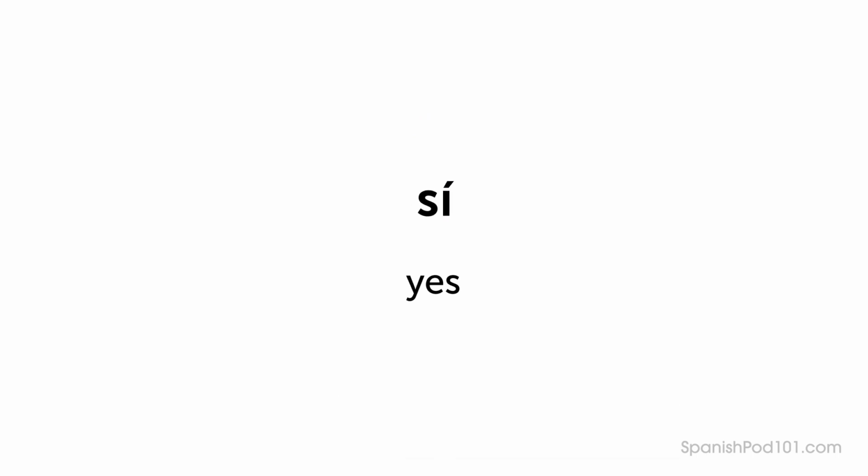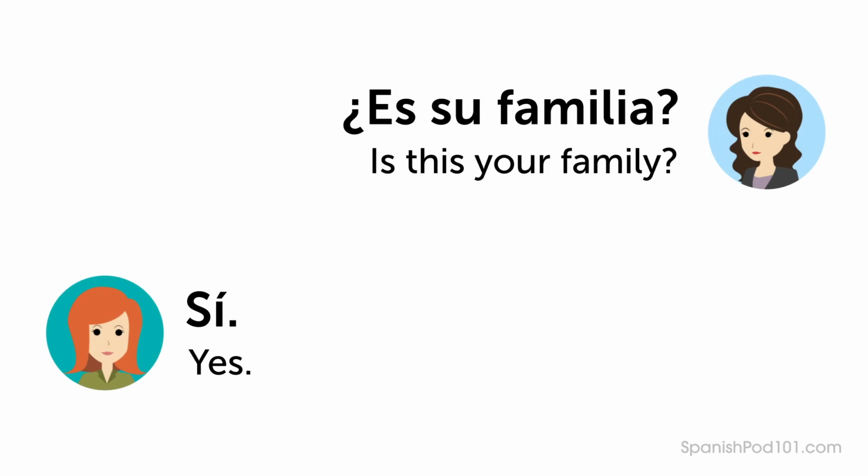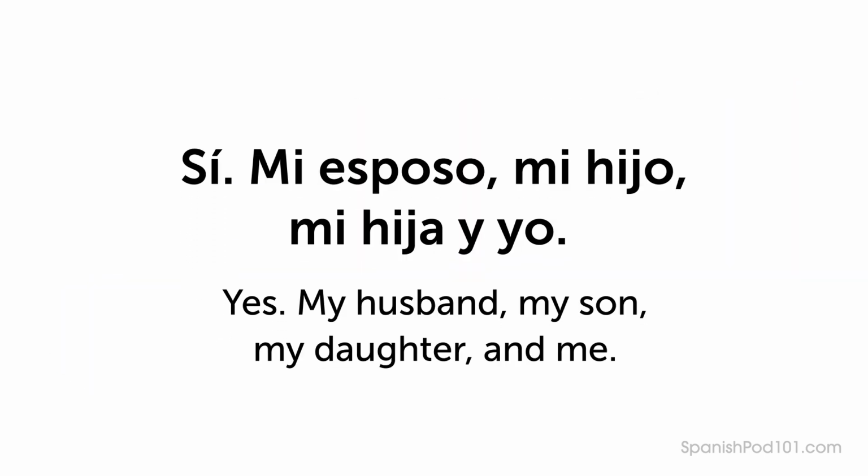First is the word sí, meaning yes. It answers Sonia's yes or no question. Is this your family? ¿Es su familia? After this, Karen points to the picture and says, mi esposo, mi hijo, mi hija y yo.